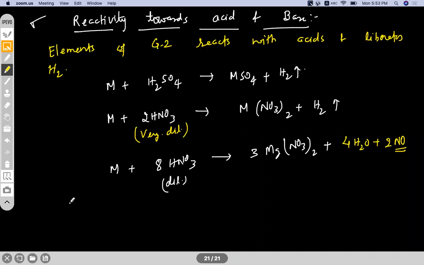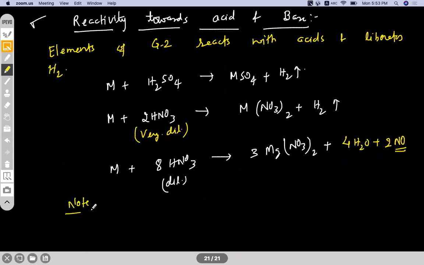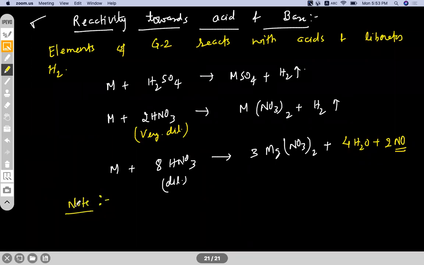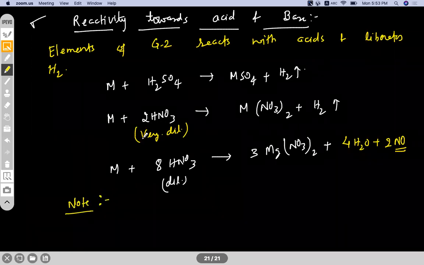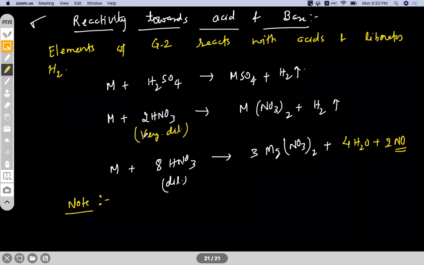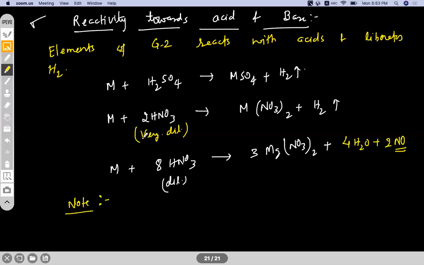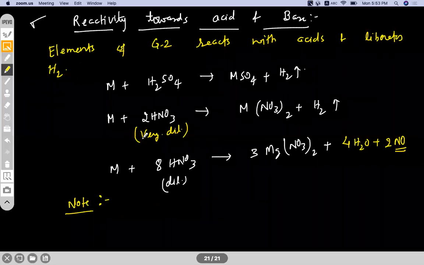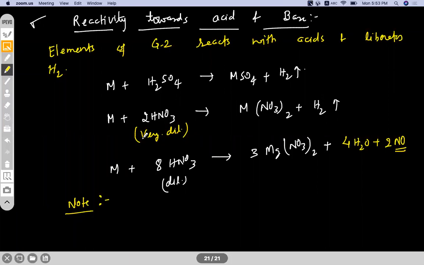Note, important point: beryllium is inert towards HNO3, it does not react with it. Write down: it is rendered passive. So beryllium is inert towards concentrated HNO3.